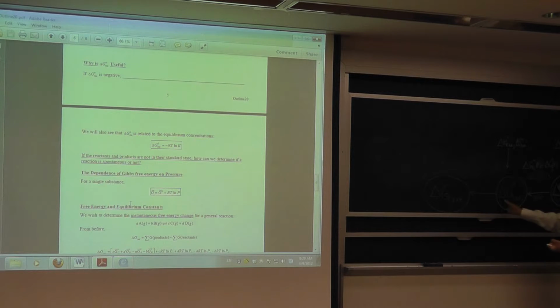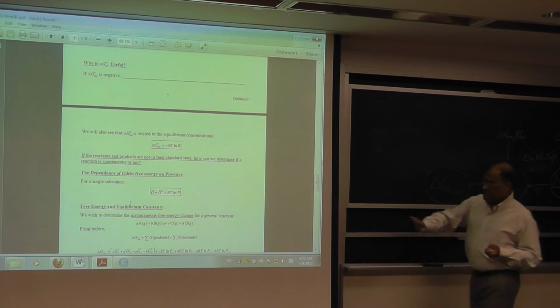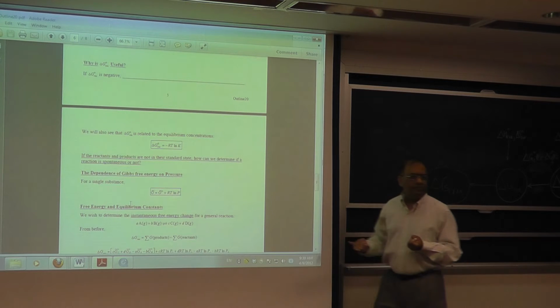But really what we are interested in is delta G reaction, because it is very, very unlikely that the reactants and products are going to be in their standard states. I know I'm skipping this information, we'll come back to that later.